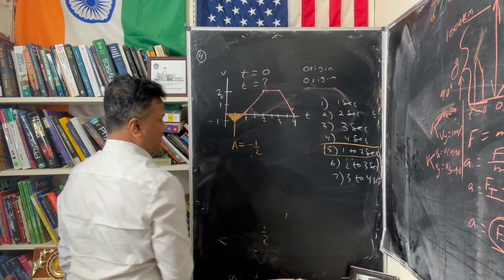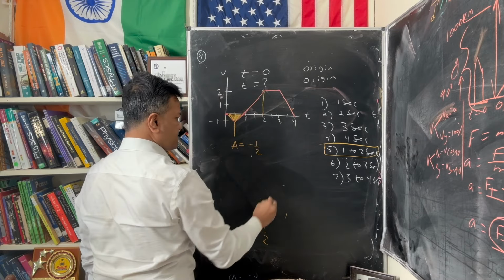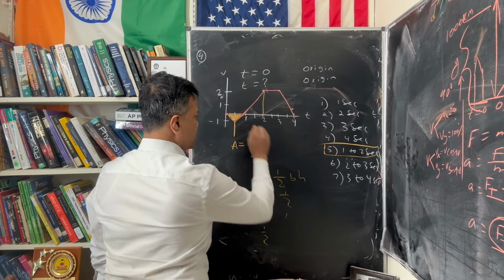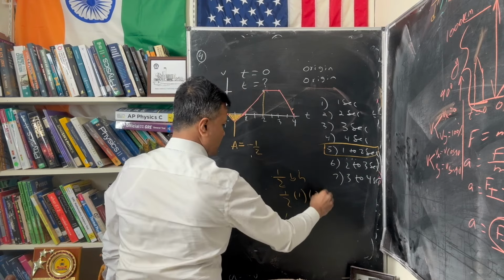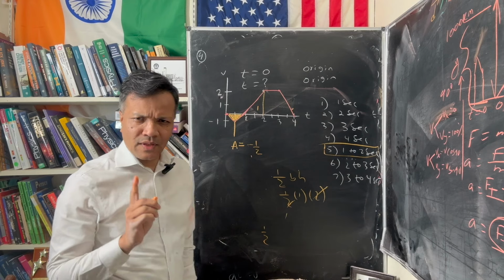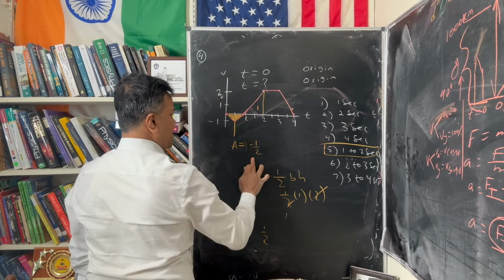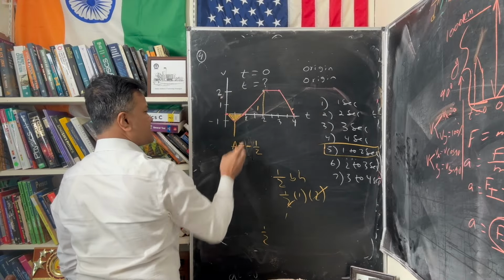How is that going to help you find out? Now from 1 to 2 seconds, area is also half BH. Half B is 2 minus 1, which is 1. H is 2. This area is 1. Understand that this one is negative half.